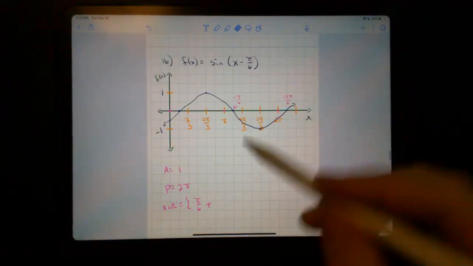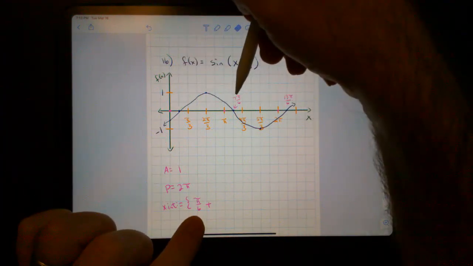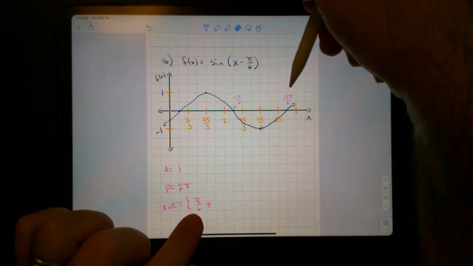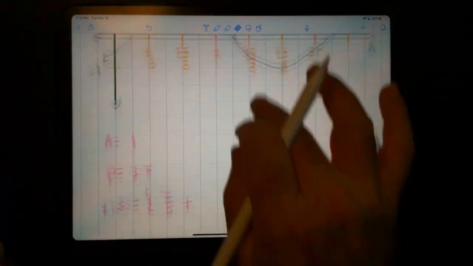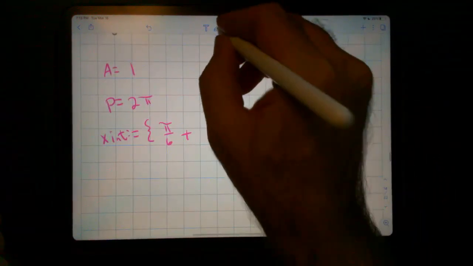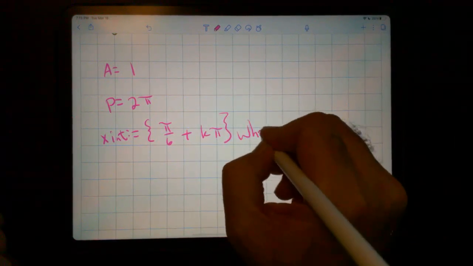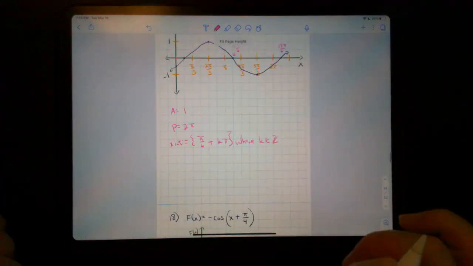What we have is pi over 6, and then pi over 6 plus 1 pi is 7 pi over 6, plus 1 pi is 13 pi over 6. So it's pi over 6 plus k pi. Okay.